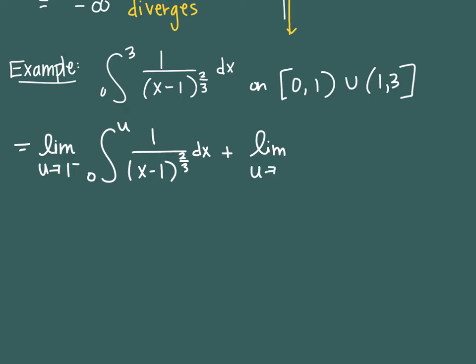And for my other one, I'll make sure I stay on the safe side of 1, which would be the right. And I'll be going from u to 3. And then we proceed with our antiderivatives for each of those.